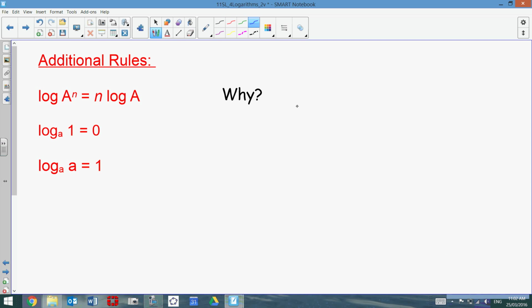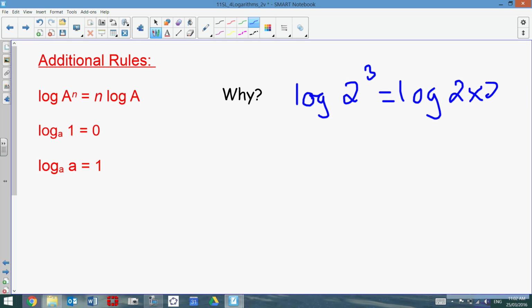If you were given something like log, let's keep it base 10, of 2 raised to the third power, what you're really saying is log of 2 times 2 times 2. Now remember, since we just proved that when you multiply your arguments, you could rewrite that as log of 2 plus log of 2 plus log of 2.